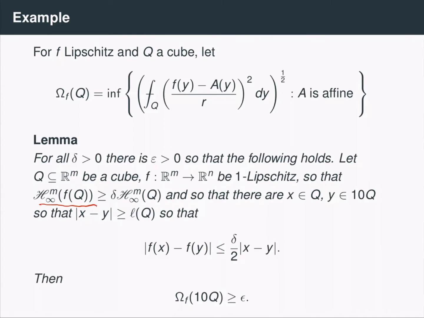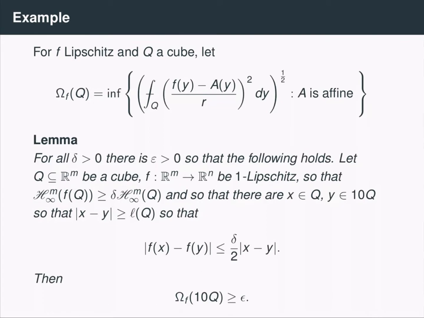We also assume that there exist points x in Q and y in 10Q that are separated by at least L of Q apart, so that f of x minus f of y is at most delta over 2 times x minus y. Then the omega number of 10Q must be at least epsilon.